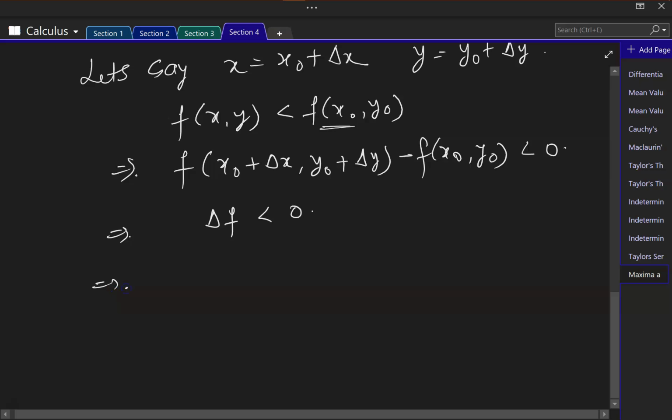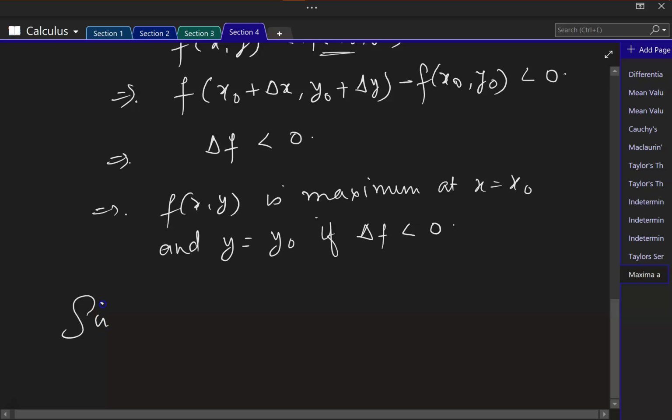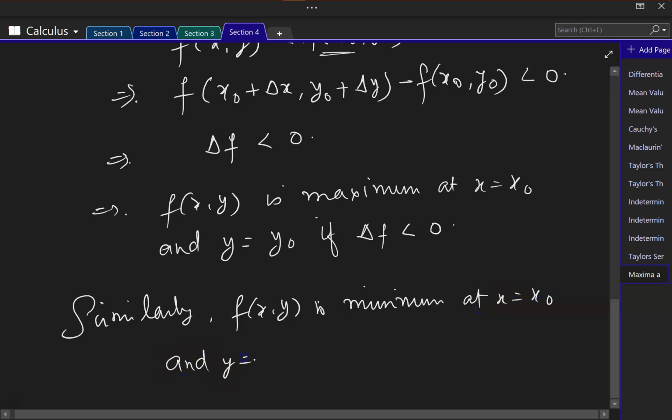So basically this implies that f of x comma y is maximum at x equal to x naught and y is equal to y naught if delta f is less than 0. Now based on the same set of arguments, similarly f of x comma y is minimum at x equal to x naught and y is equal to y naught if delta f is greater than 0.